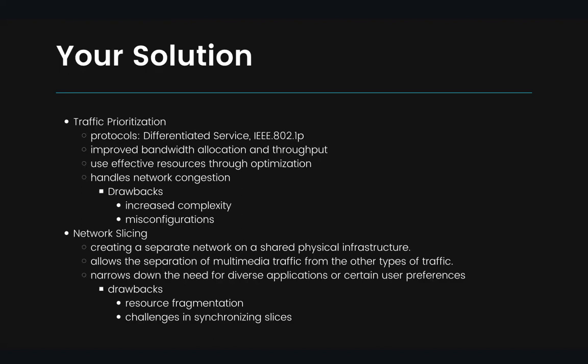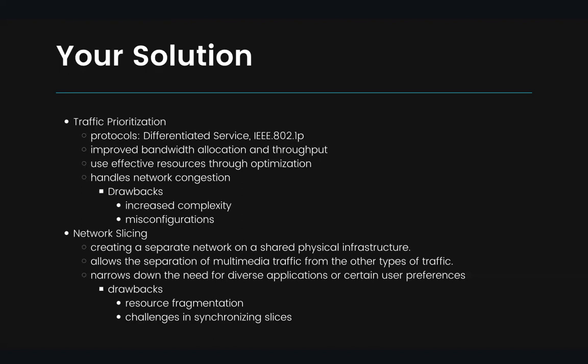So another solution is network slicing, which involves creating separate networks on a shared physical infrastructure. Each slice or part is assigned to specific applications, and it allows for the customization of network resources, policies, and functionalities.